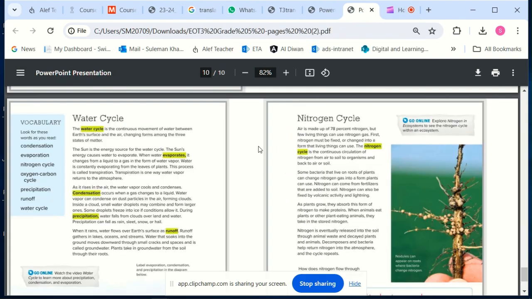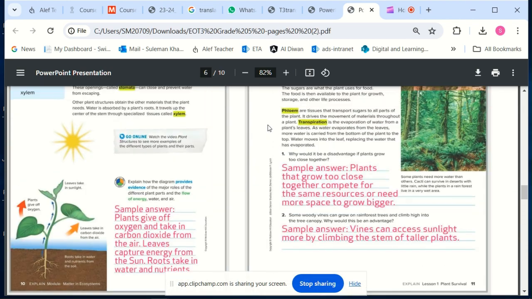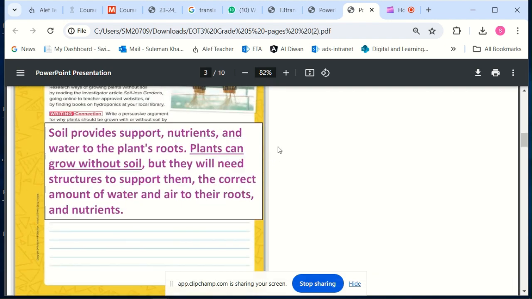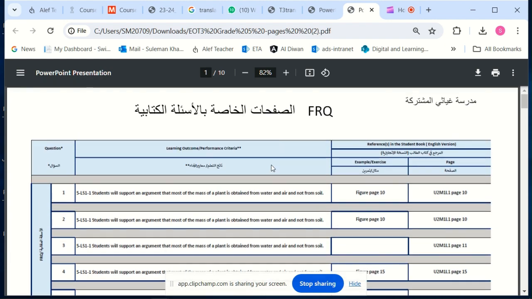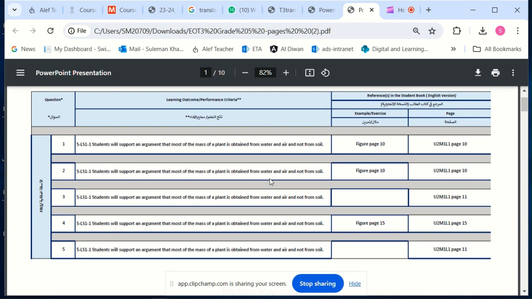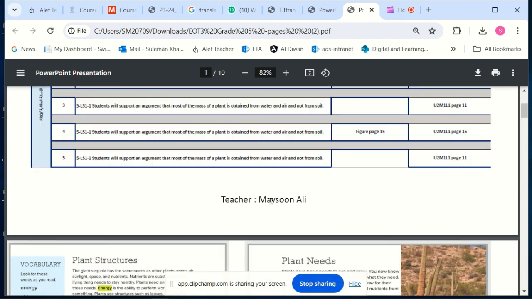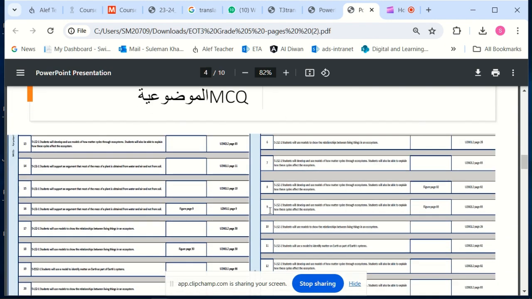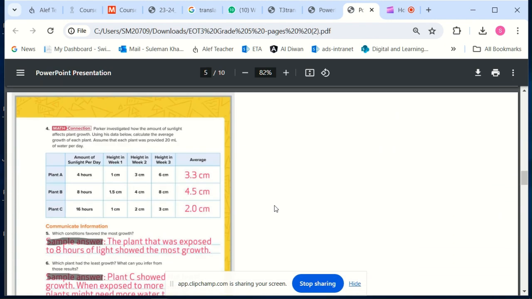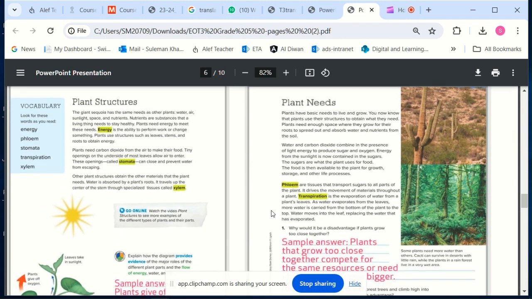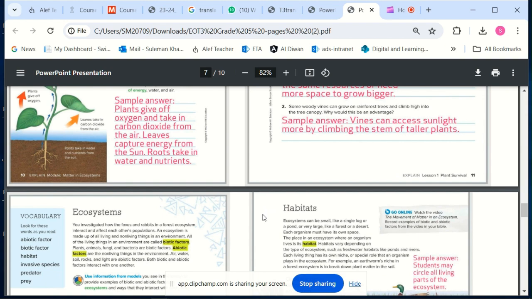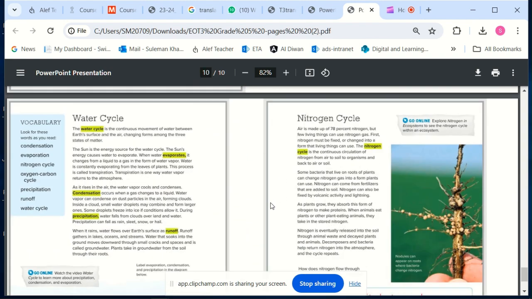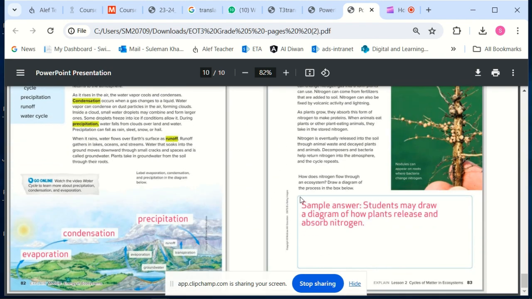All the صفحة, you can see from here: 9, 10, 11, 15, 26, 27, 28, 30, 66, بعدين 82, 83. Every صفحة in the kitab is also in the هيكل.